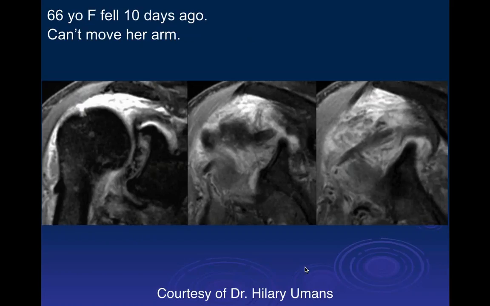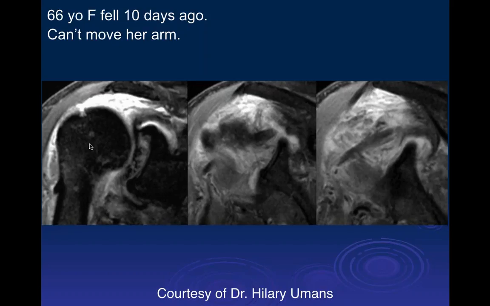Okay, Jeff, what do you think of this case? 66-year-old female, fell 10 days ago, can't move her arm. And we have multiple coronal, well, I think they're coronal. It looks like coronal T2 or PDFATSAT images.